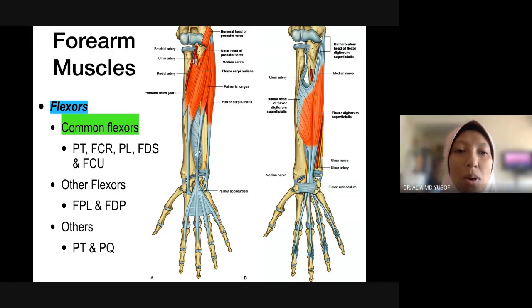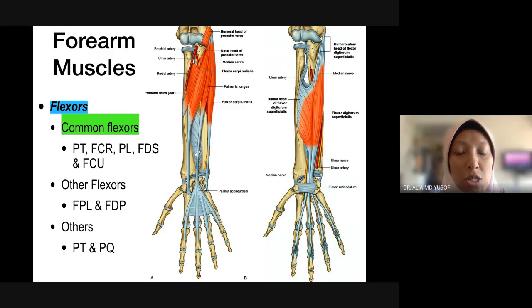What are the common flexors? Common flexors are a group of muscles that originate from a common bone marking, the medial epicondyle of humerus. The common flexor tendon has a few things in common.